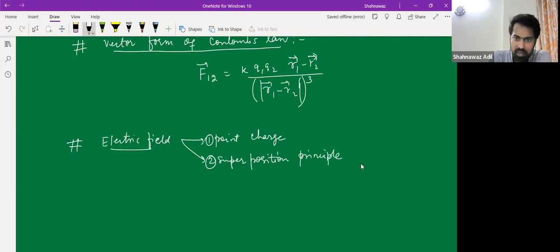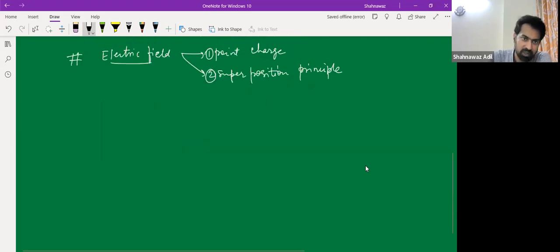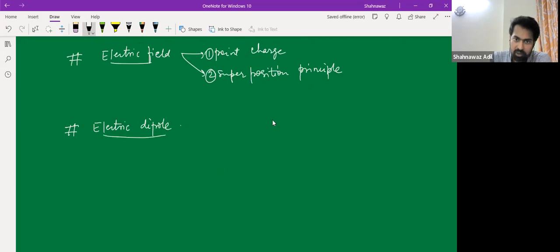Okay, and then we learned about the electric dipole. Right, this was the electric dipole, and the dipole moment direction was this, right? And the magnitude of the dipole moment was charge times separation.